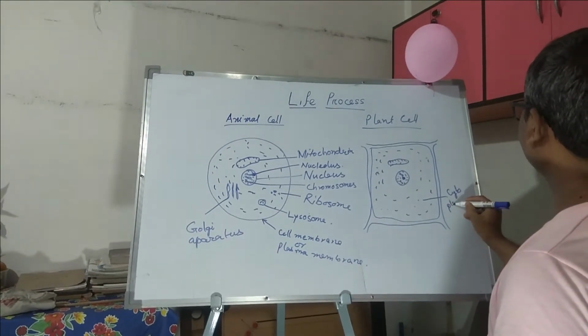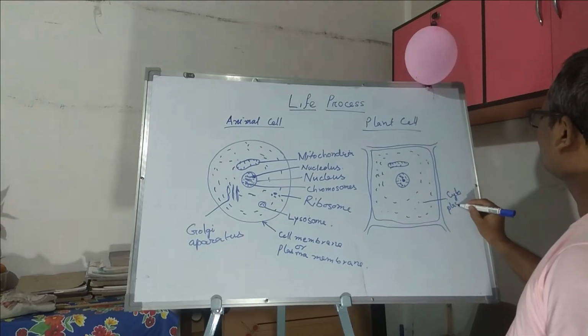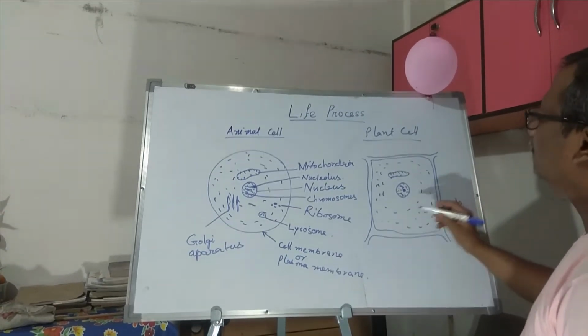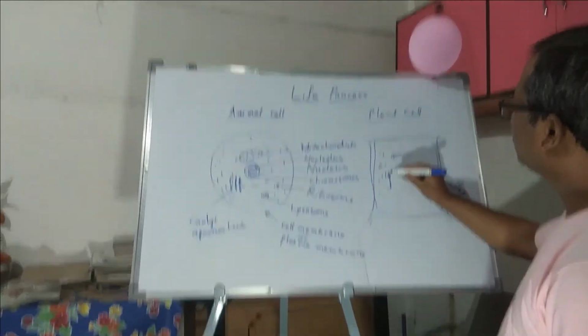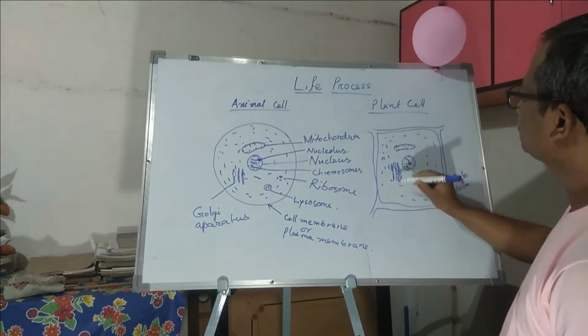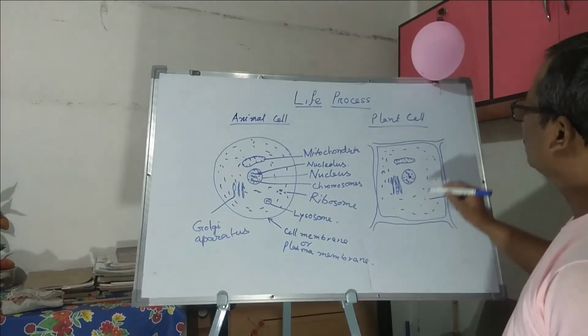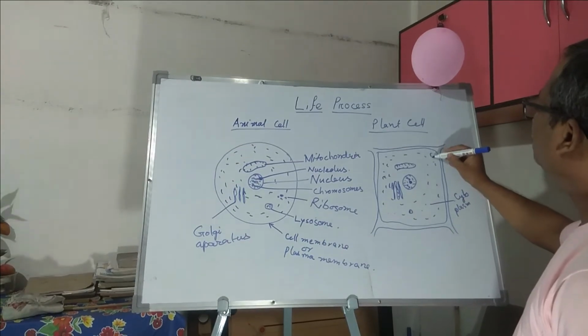The plasma present inside the cell is called cytoplasm. Similarly, the Golgi apparatus, ribosome, and here may be vacuoles also.